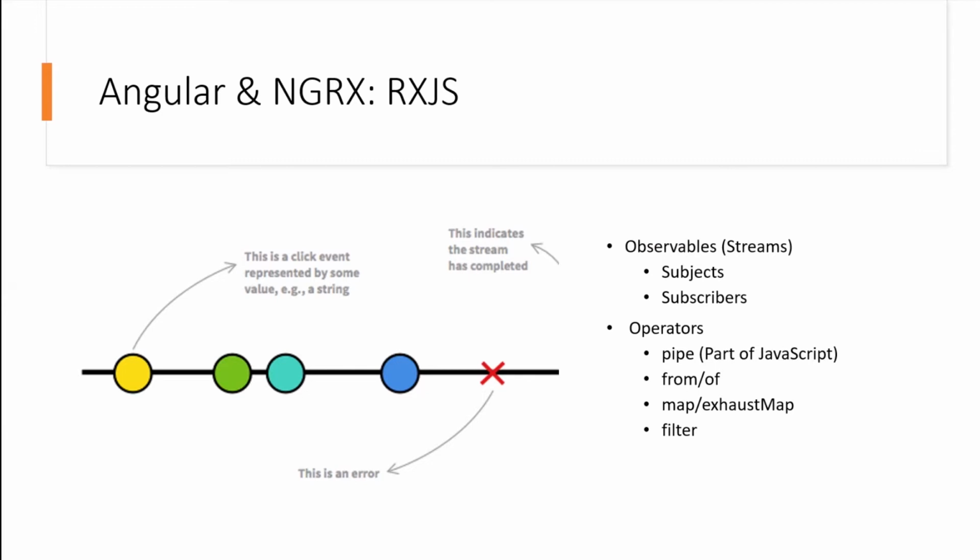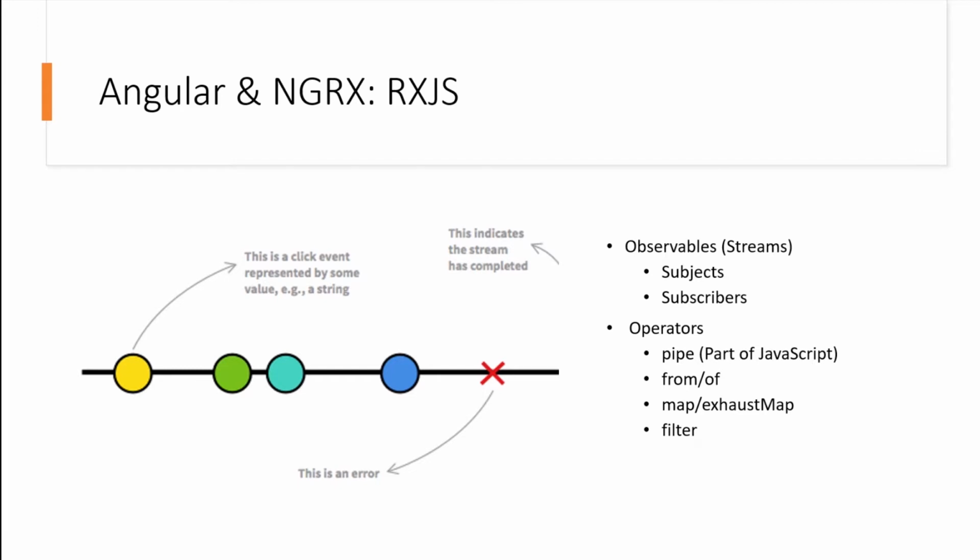Before we do that, though, one of the important things to understand, if you've been working with Angular for a while, you may not even realize this, is that most of Angular is built around using RxJS, which is a separate library, but it's built into Angular and allows you to interact and work with things called streams.